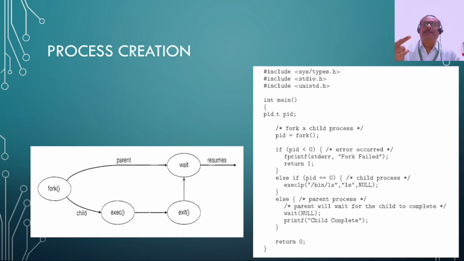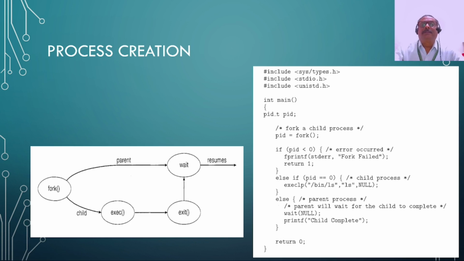The child process may not be created, so something goes wrong and it fails to create a child process. In that case, we get a negative number as the PID, so it returns a negative number for failure, and if PID is less than 0, then we say that something went wrong, we display an error message and return 1.